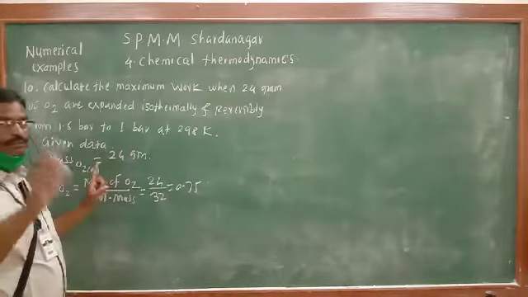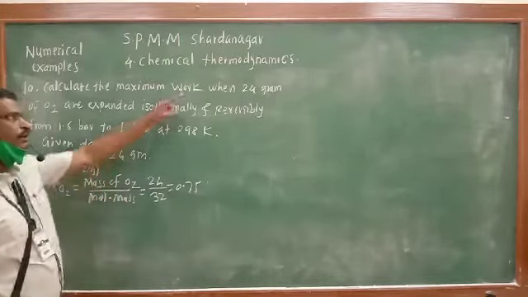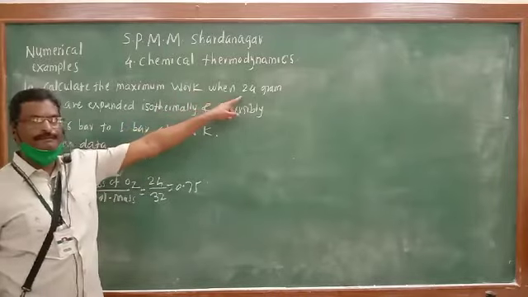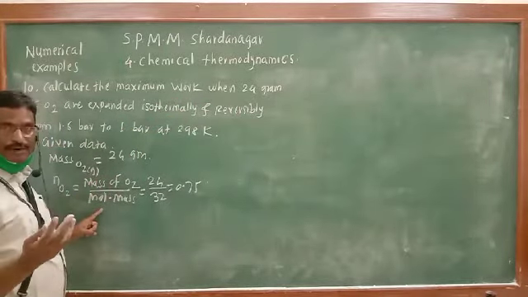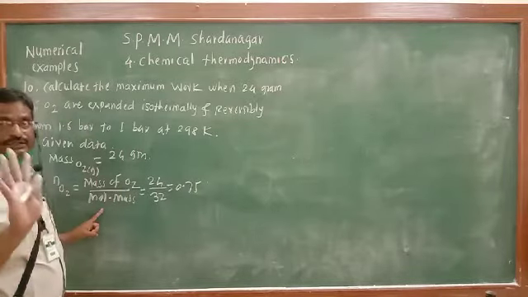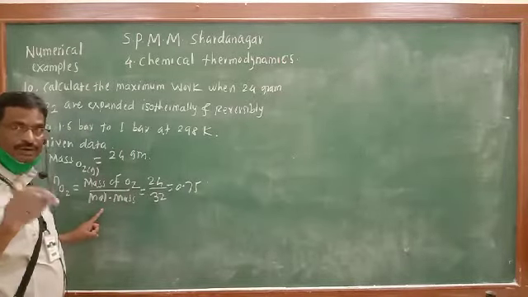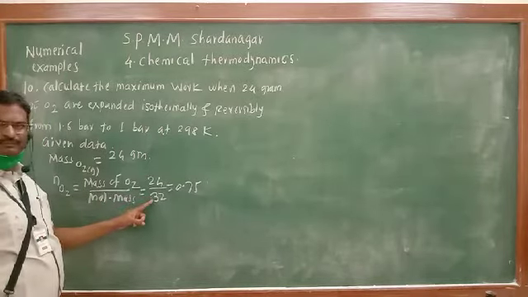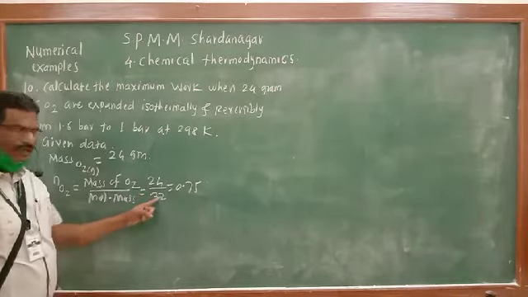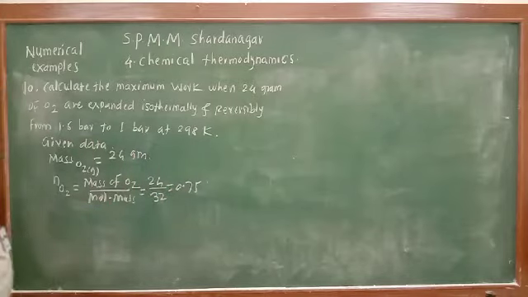They have not given the number of moles. They have given the mass of oxygen in gram. So mass in gram divided by molar mass. Molar mass of oxygen is not 8. That is not 16. That we have to consider as 32. 24 divided by 32 means 3 upon 4, that is 0.75.